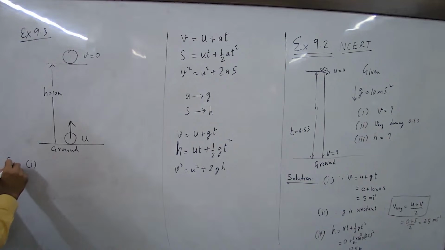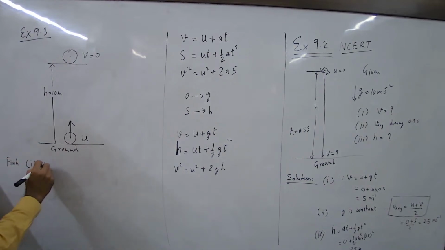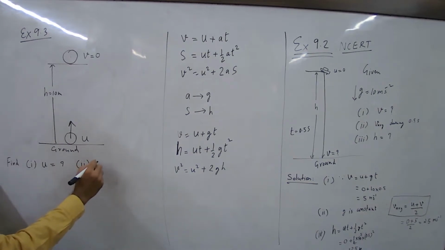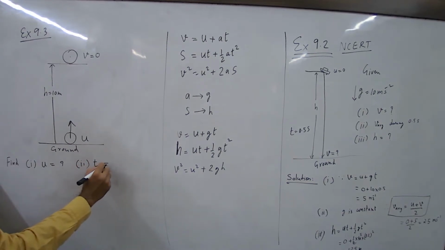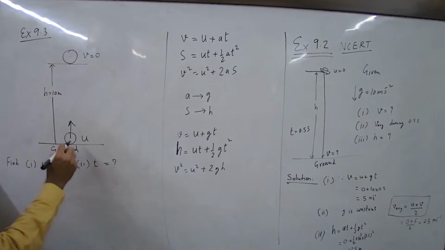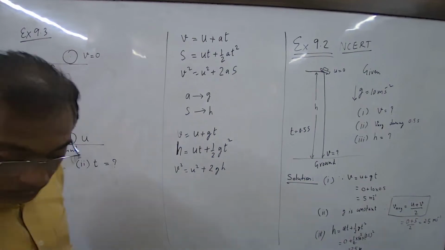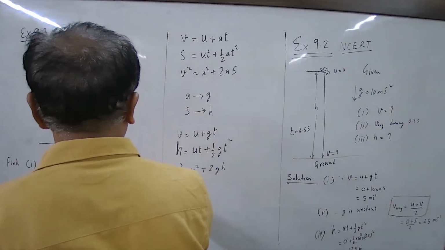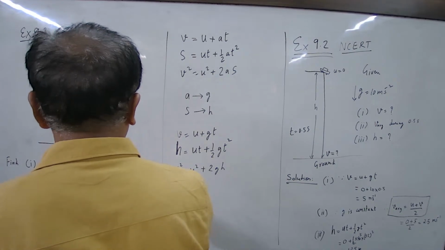Find the velocity with which the object was thrown, and second you have to find the time taken by the object to reach the highest point.